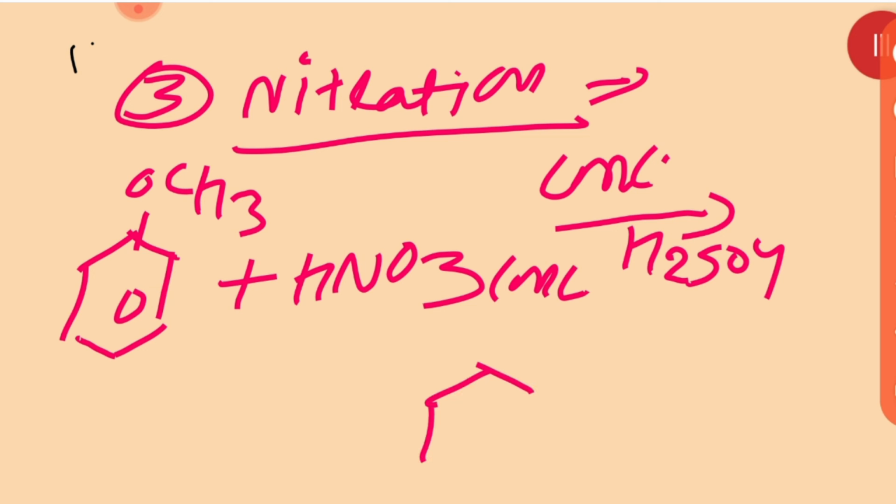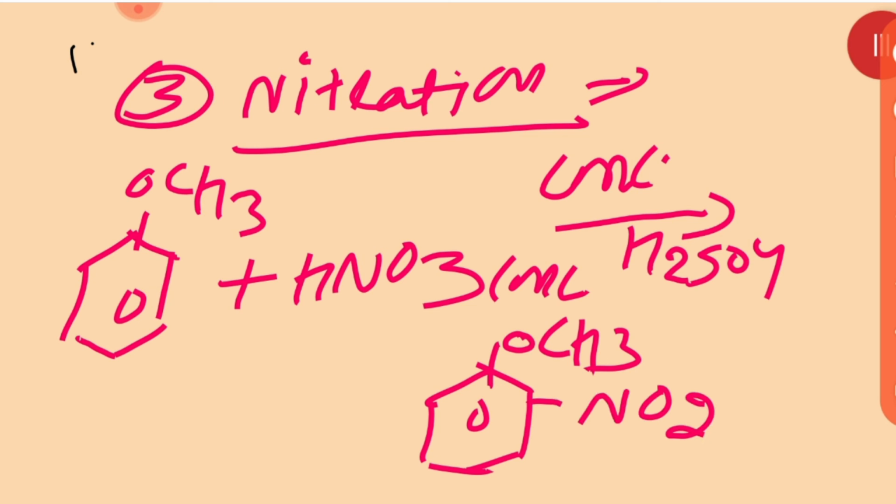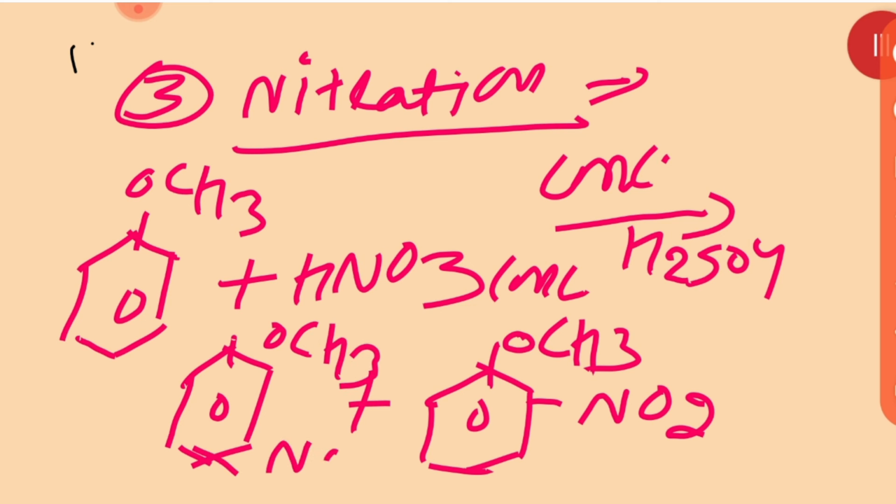Then here the product will be OCH3 with NO2 at ortho, and OCH3 with NO2 at the para position. So these were the ring substitution or electrophilic substitution reactions of the ethers. Okay students, thank you very much to all of you.